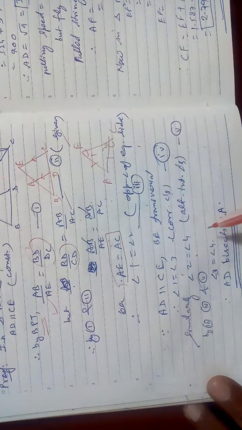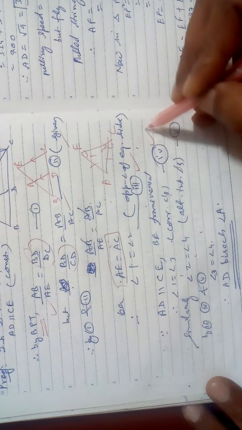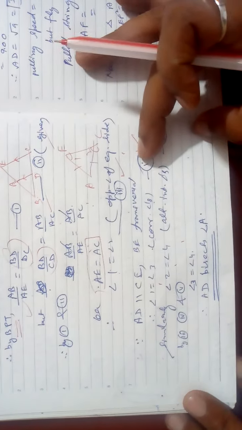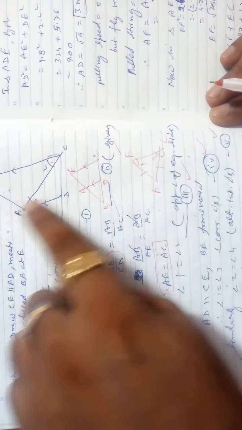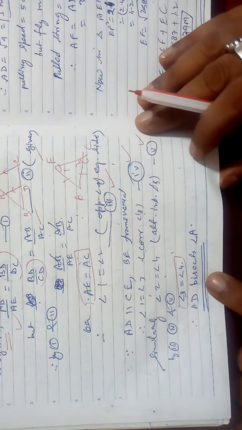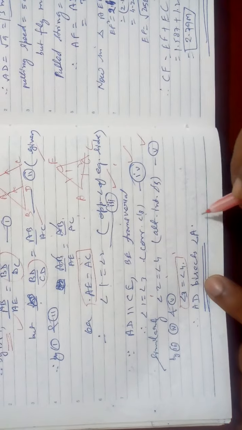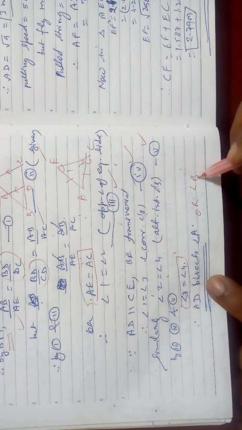It means 3 and 4 will also be equal. If 3 and 4 are equal, then what will you say about AD? AD will be the bisector of angle BAC. So AD bisects angle A, or you can write angle BAC.